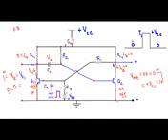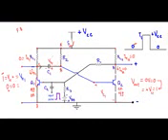The charging current will flow through this path A, B, let's say this is C and this is D, and as the current flows in this direction, this terminal will be positive and this terminal will be negative. You will see that this positive terminal is connected with the base terminal of the transistor Q2, and this negative terminal, see this is a short path, will be connected with the emitter terminal of the transistor Q2.